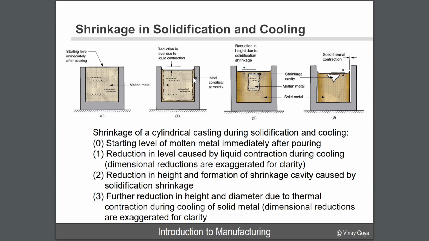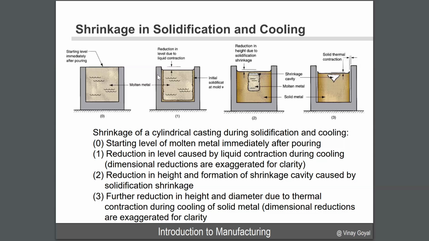And then the reduction in the height due to the solidification process, you can see that here. But if you were to have molten metal and some amount of solid metal that starts to solidify, so the darker region is solid metal, you will have areas that need to continue to solidify. And that can cause some areas where you have voids or cavities that form. And that could be a problem.